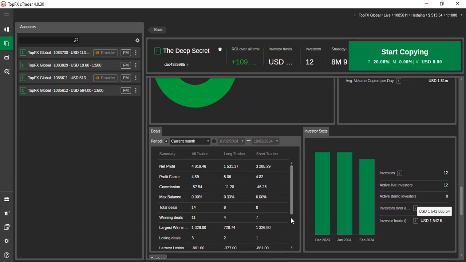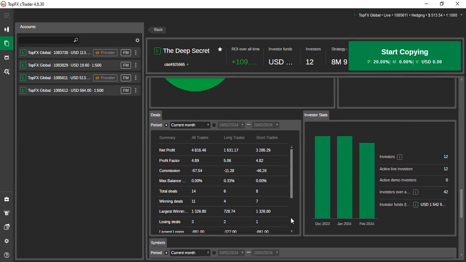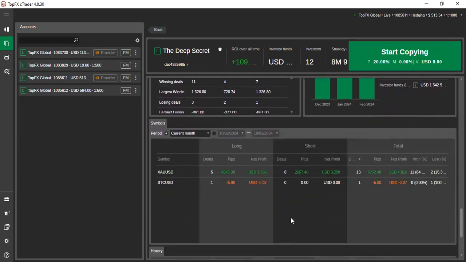Yeah, good money. That's a whole lot of money. So you can have access to all this information before you decide whether or not to copy a strategy provider.